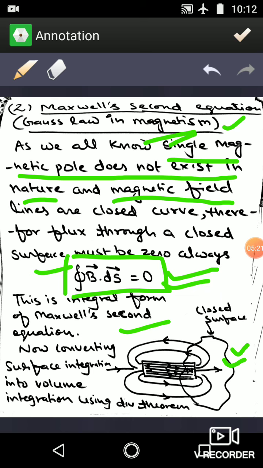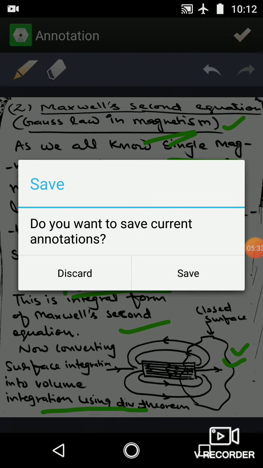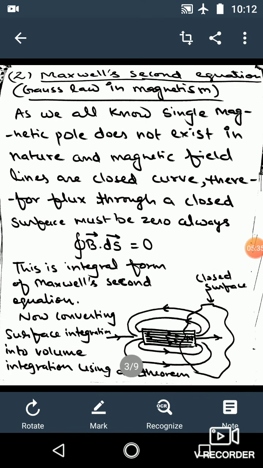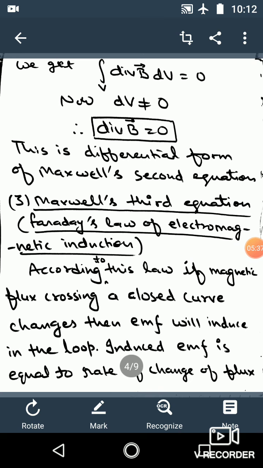Now we are converting surface integration into volume integration. It can be done using the Gauss divergence theorem. Here I have converted surface integration into volume integration.